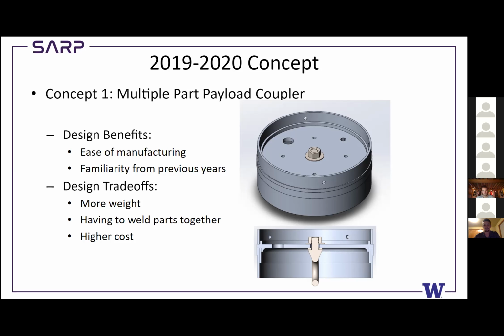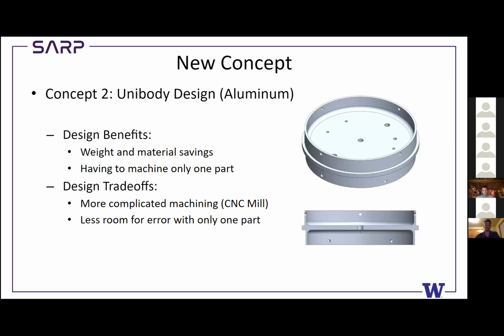Next slide, please. Here's our new concept. It's a unibody design made of aluminum. It's shown here at the right without the zip defender. Some design benefits here are weight and material savings, like I said. And we also only have to machine this one part, which is sort of a double-edged sword, because now we have less room for error.